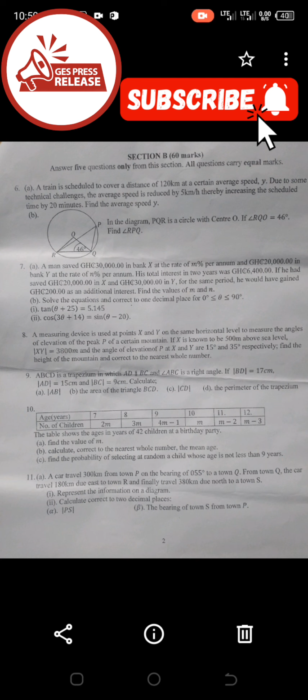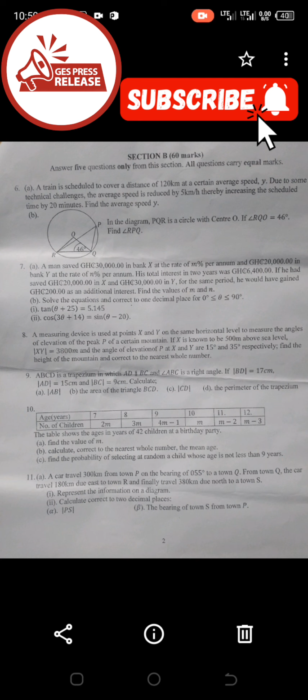Number 7, A. A man saved 30,000 Ghana cedis in Bank X at the rate of m% per annum and 20,000 in Bank Y at the rate of n% per annum. His total interest in 2 years was 6,400 Ghana cedis.